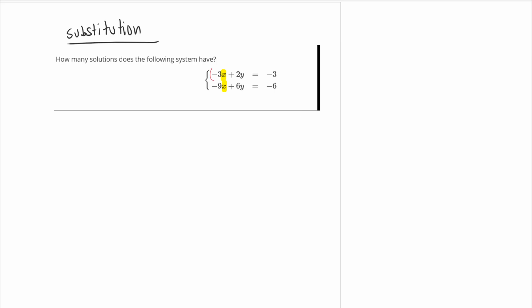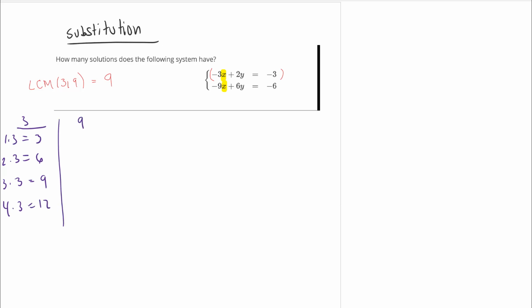So I see that my least common multiple of 3 and 9 is going to be 9. You might be wondering, how is she getting that? Well, if you have 3, you know that 1 times 3 is equal to 3. 2 times 3 is equal to 6. 3 times 3 is equal to 9. 4 times 3 is equal to 12.